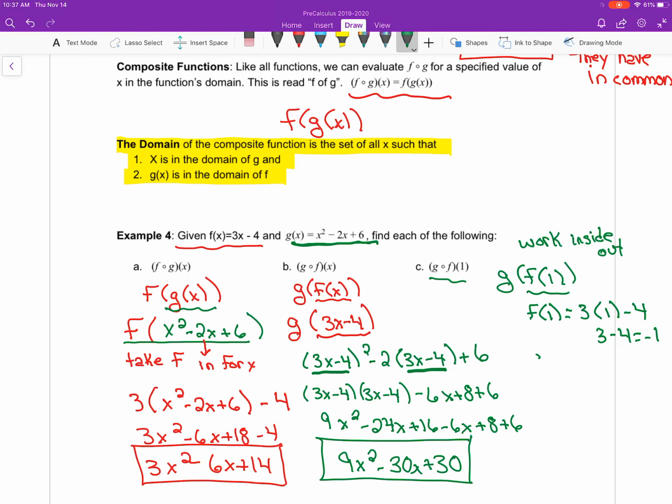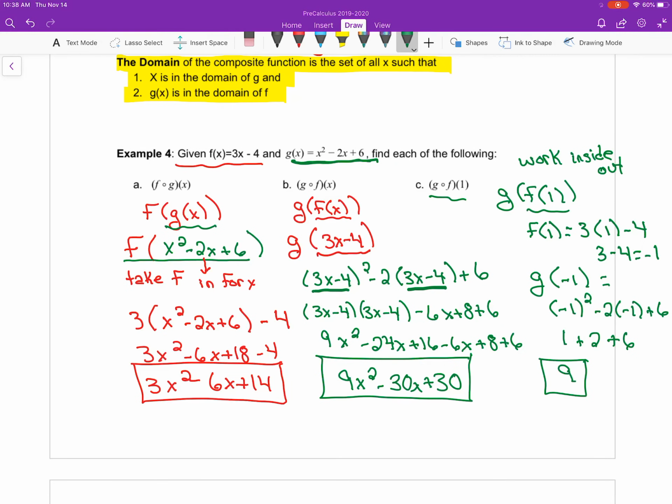So now I want g of negative 1. So negative 1 in parentheses squared minus 2 times negative 1 plus 6 is just 1 plus 2 plus 6, which is 9. All right, so we've got all that.